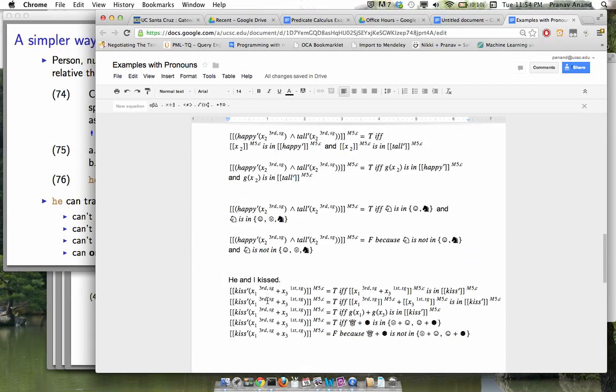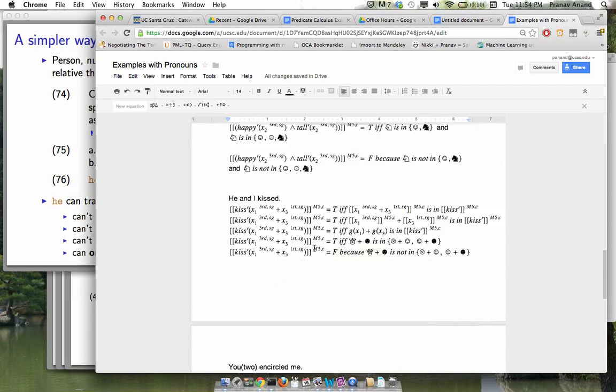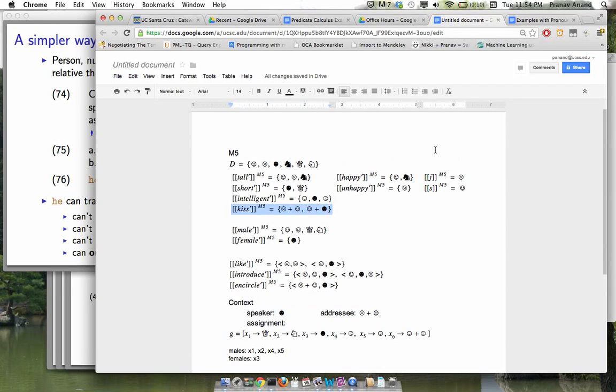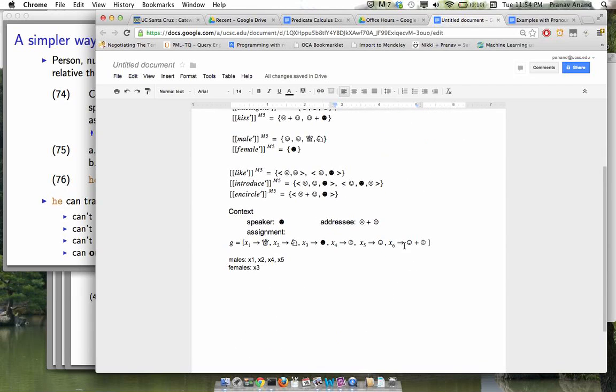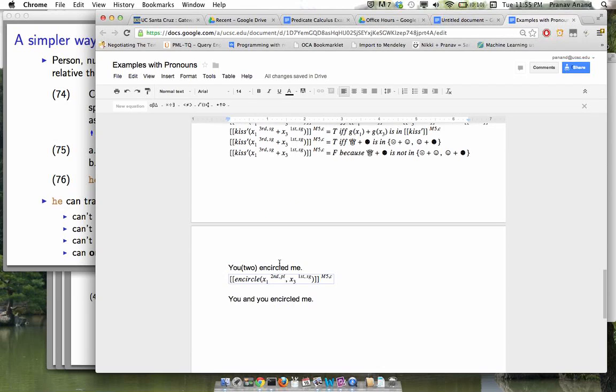And if you go back over here, I actually have it. Wait, this is why I put it over here. It has to be x6. The only thing that is both second person and plural is that. All right, so this is x6. And that's the only possibility for this.